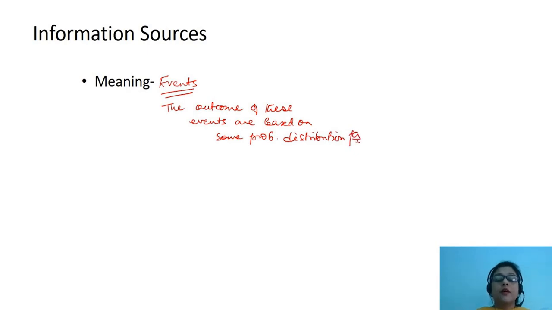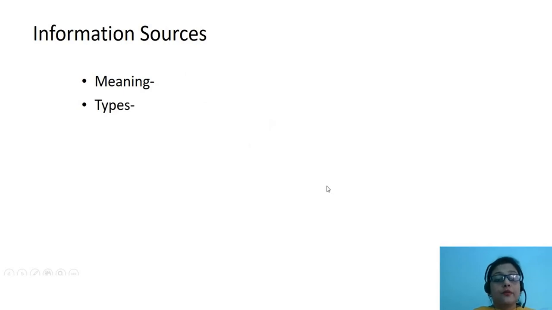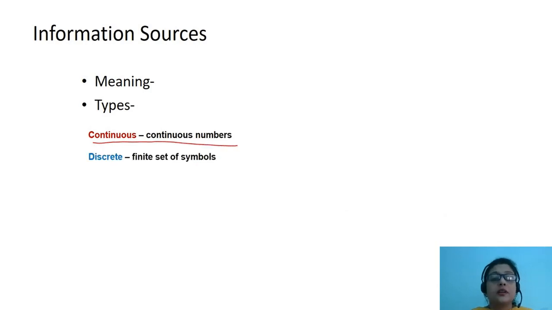So this is the meaning of information source. Now there are two types of information sources. One is the continuous information source, which has continuous numbers, and the other one is the discrete information source, which has a finite set of symbols.